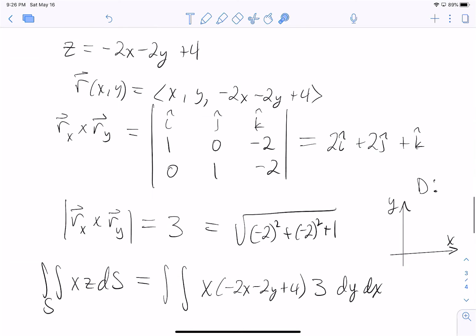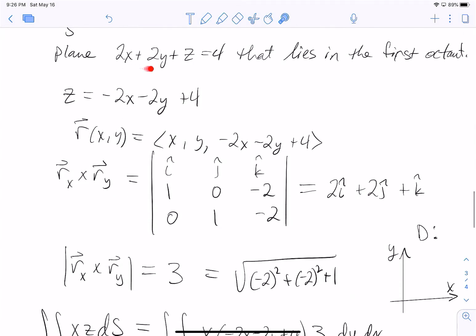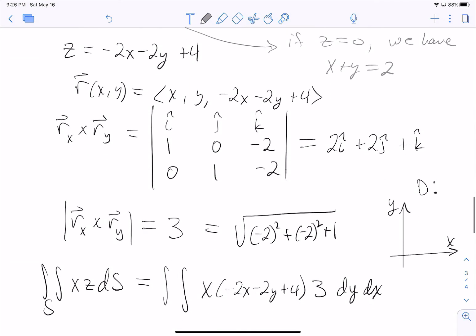z = -2x - 2y + 4. Now, you know what? We're going to use this one. 2x + 2y + z = 4. We're going to let z be 0. If z is equal to 0, then we have x + y = 2. So this is a region in the xy plane. x + y = 2.